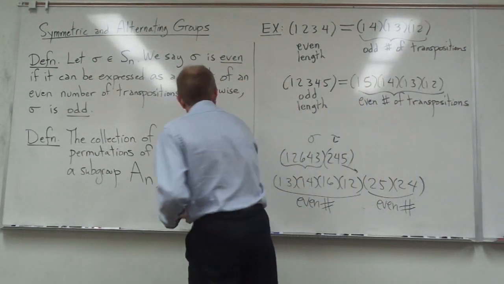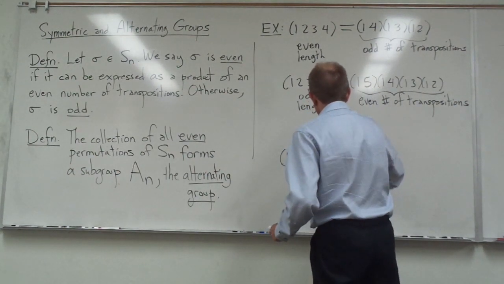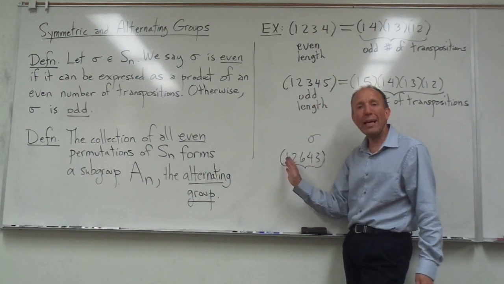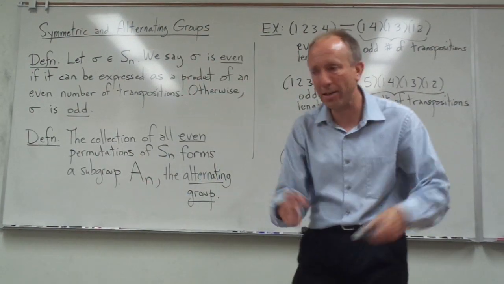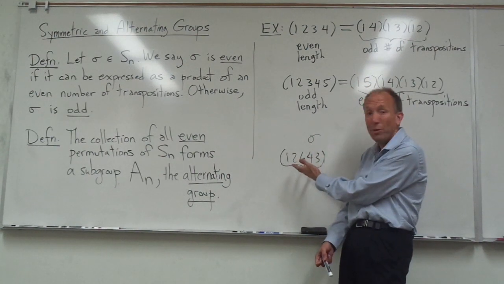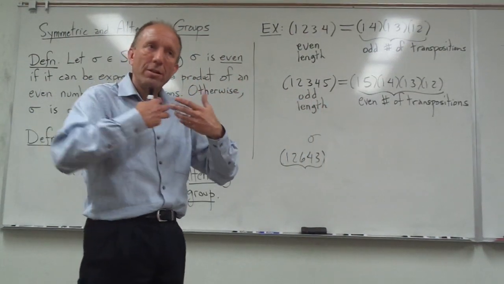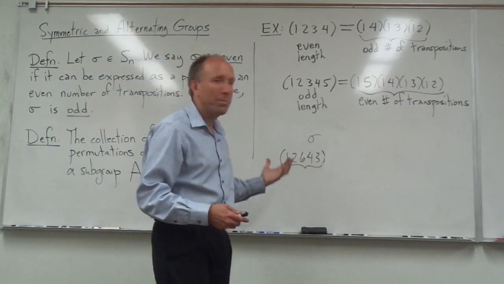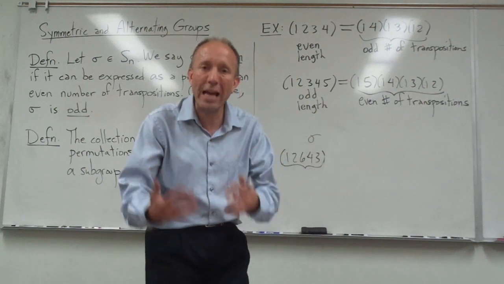By the way, is this thing going to be closed under inverses? Here's sigma. It's an odd length cycle, which means it's an even permutation, this backwards even-odd thing. This is an even permutation. But you see the inverse of sigma is also a 5-cycle. It has the same cycle type. The inverse of any particular element of Sn is going to be another element of Sn that has the same cycle type.